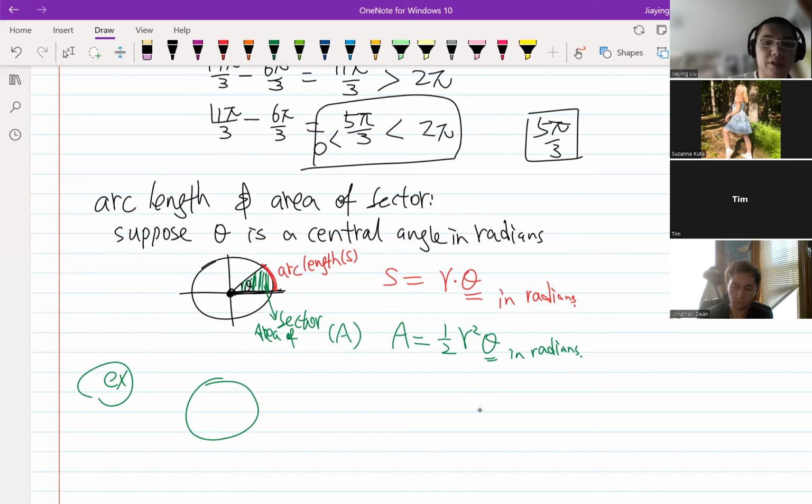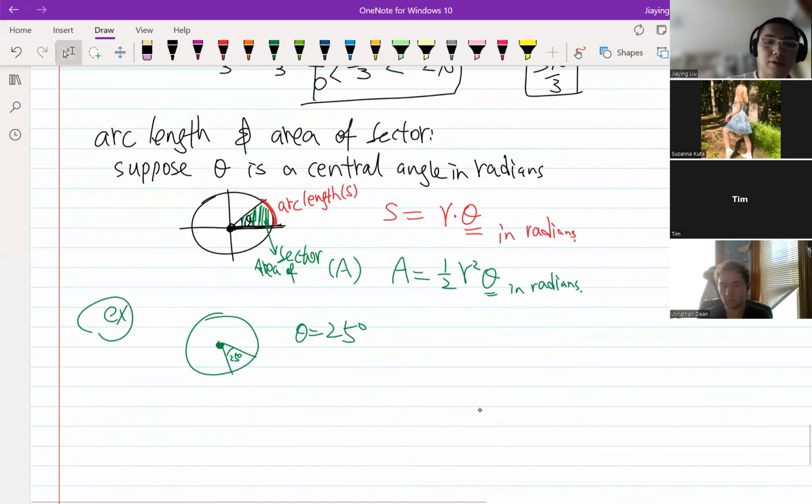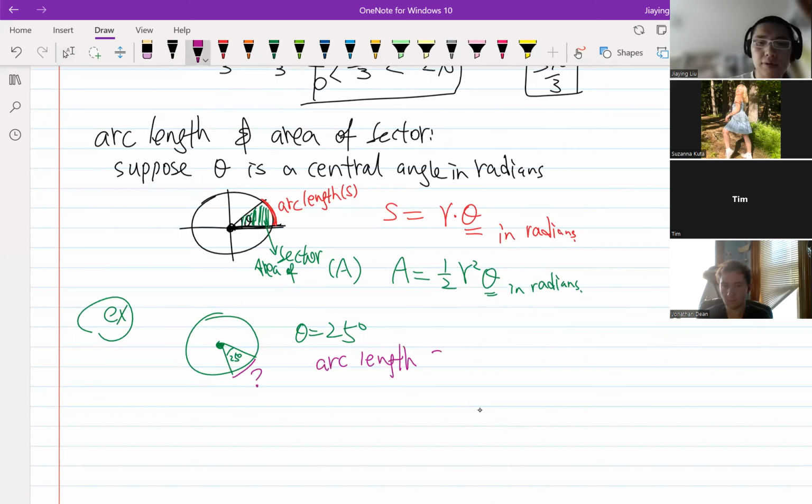I just say this is a circle and this is a 25 degrees central angle. So the question is, what is the arc length? And what is the area of sector for this sector right there?